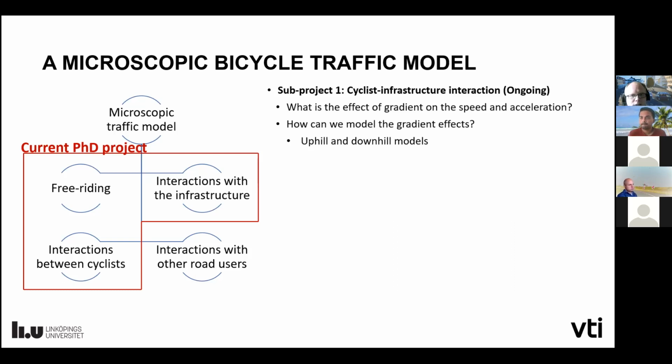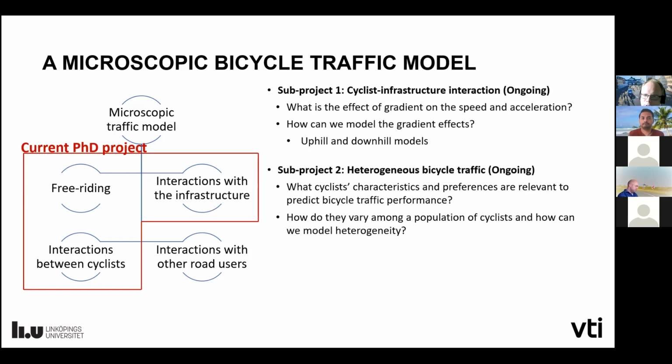So one sub-project, for Guillermo, is looking into the effects of slope and the gradient, and how we could model that, both in terms of the negative impact on the uphill, but also that there might be a change in the speed on the downhill path, because it might not feel safe to use the gravity acceleration fully.